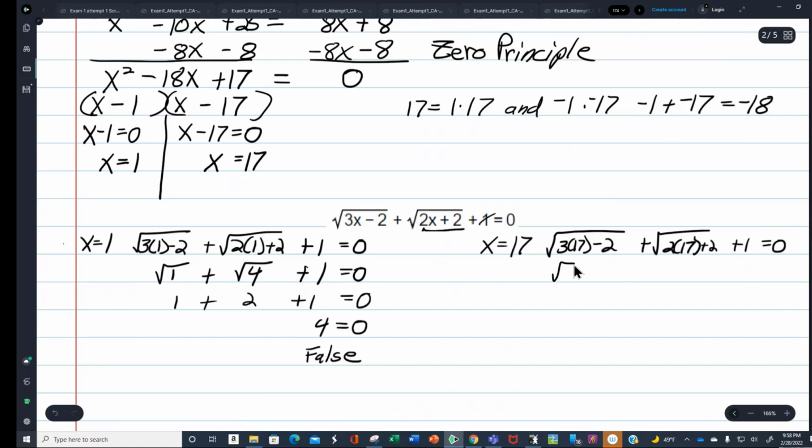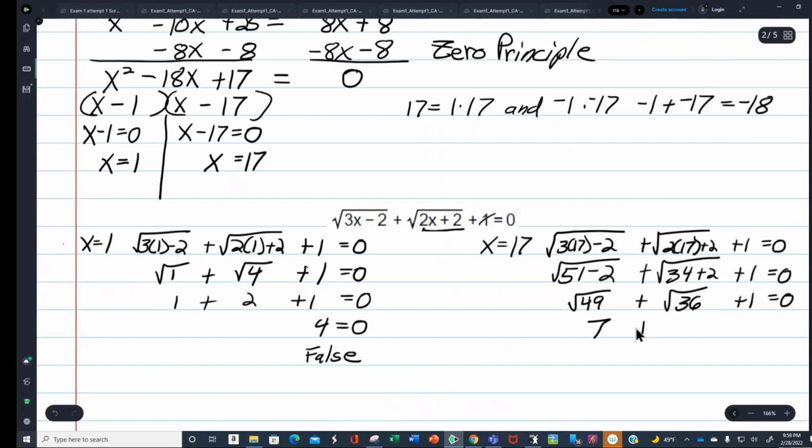This is the square root of 51 minus 2 plus the square root of 34 plus 2 plus 1 equals 0. So that's the square root of 49 plus the square root of 36 plus 1 equals 0.